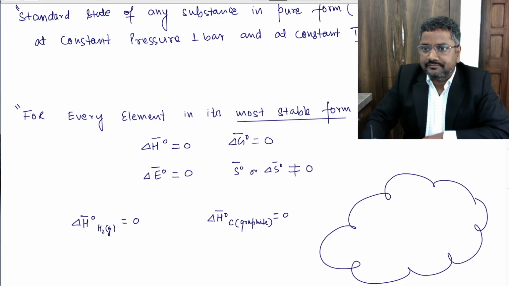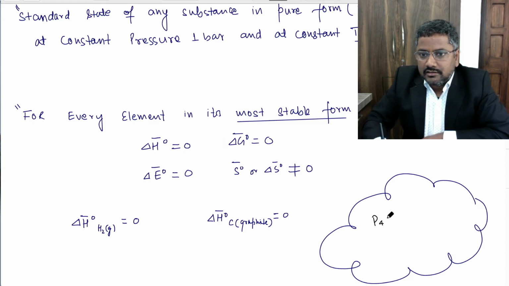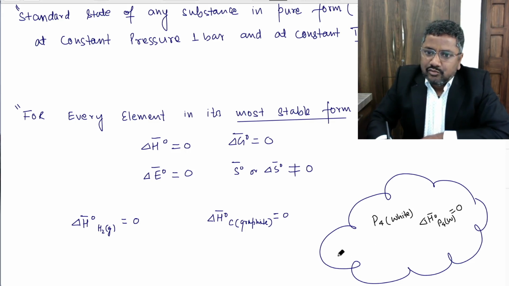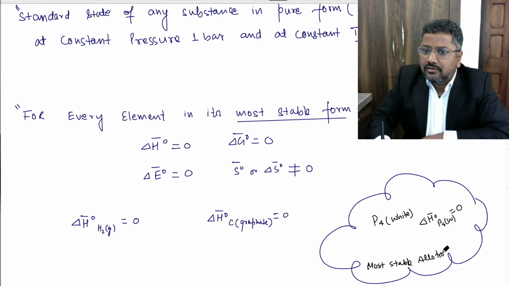See, one exception is there. What is the exception? The exception is phosphorus, P4 white. This is the thermodynamic reference. So delta H naught for P4 white is equal to 0. But the most stable allotrope of phosphorus is P4 black.